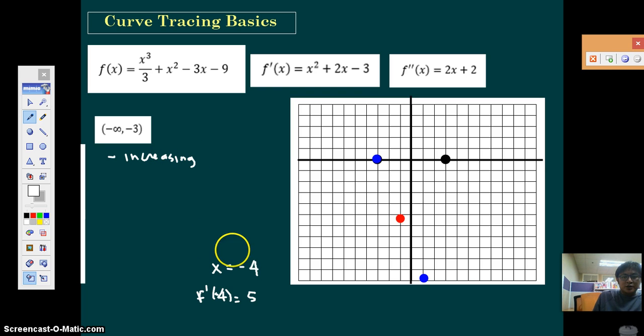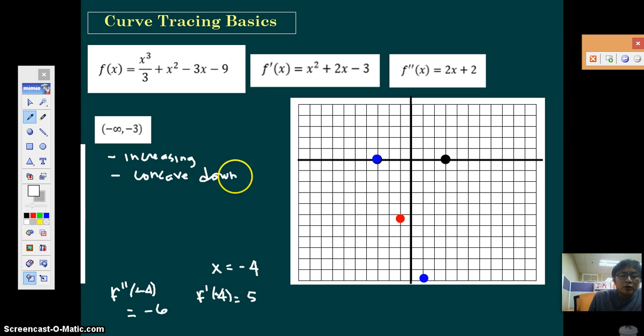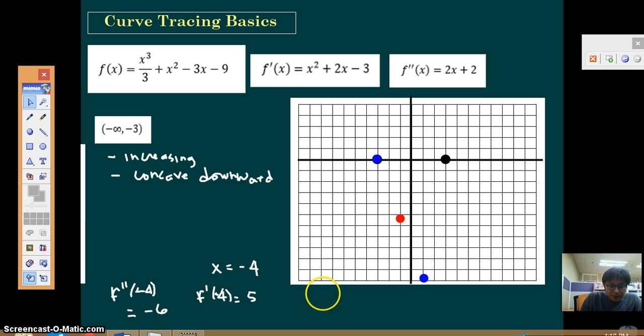Increasing. Okay, and testing for the second derivative, f double prime of negative 4: 2 times negative 4 is negative 8, plus 2, so f double prime of negative 4 would be negative 6. That means the function is concave downward in the interval. Concave downward.